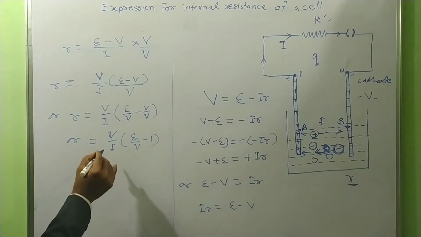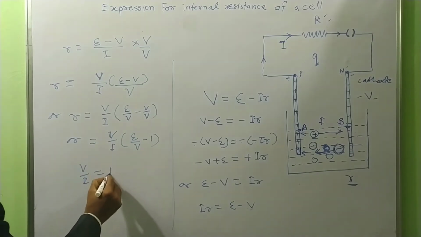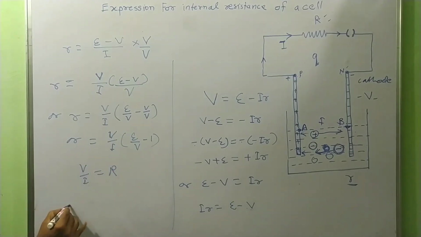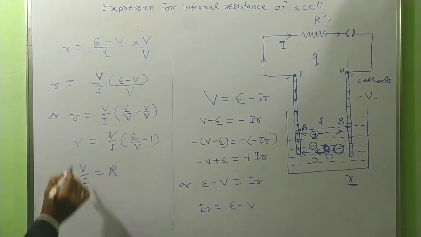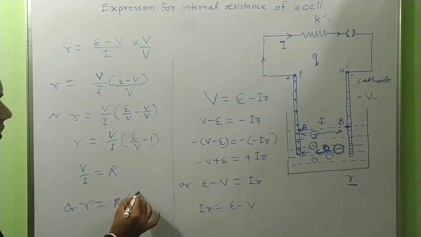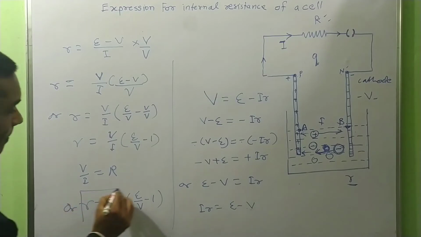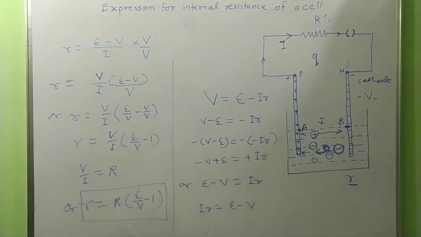And we know from Ohm's law that V upon I is the resistance R. So r will be equal to R into (epsilon upon V minus 1). This is the expression for the internal resistance of a cell.